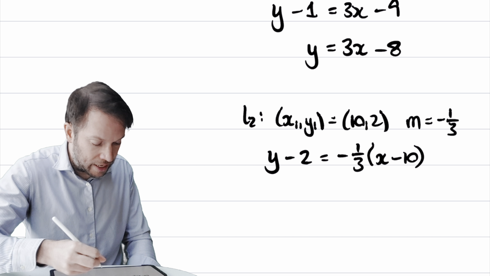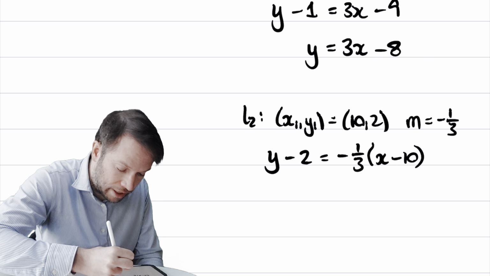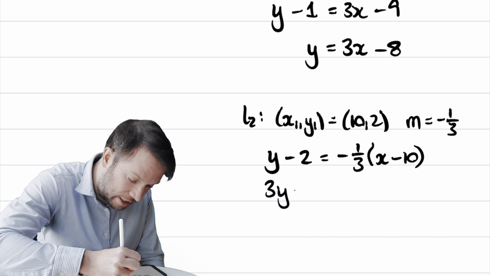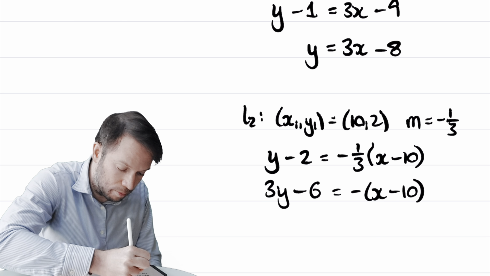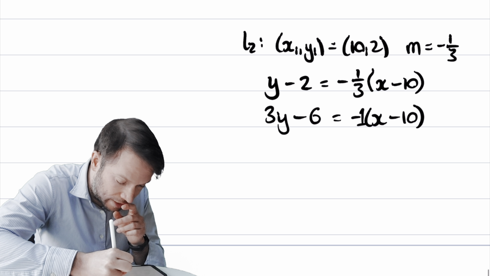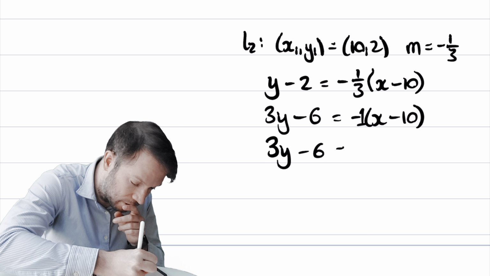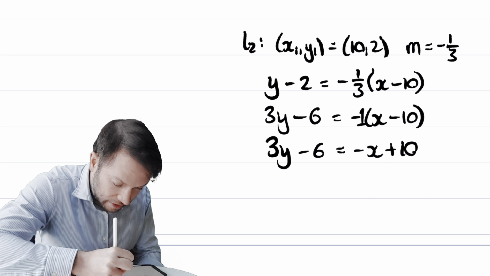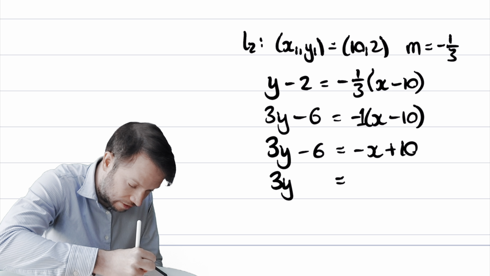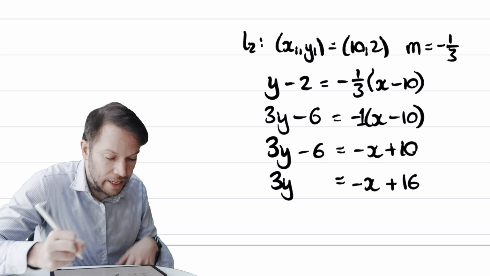I'm going to times everything by 3 because I don't like that fraction. So 3y minus 6 equals minus (x minus 10). Expanding the bracket, we get minus x plus 10. Then add 6, so 3y is equal to minus x plus 16. That will do for now.